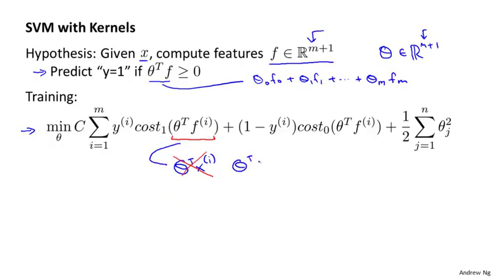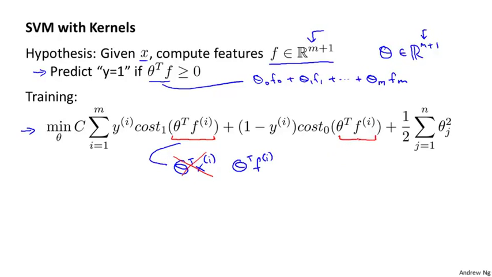So we're using theta transpose fi to make a prediction on the i-th training example, and we see that in both places here. And it's by solving this minimization problem that you get the parameters for your support vector machine.